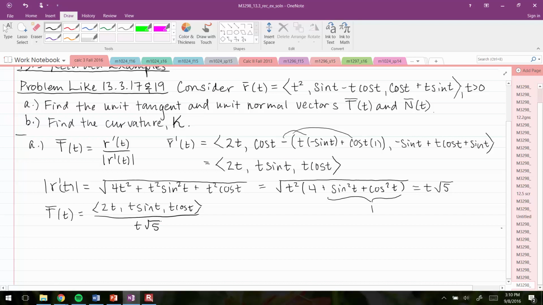That simplifies because notice you can pull a t out of the top, and that will cancel with the t in the denominator. So we like to do that. And then one last step is maybe just bringing in the square root of 5. Although, as long as it's simplified otherwise, you can leave it out.